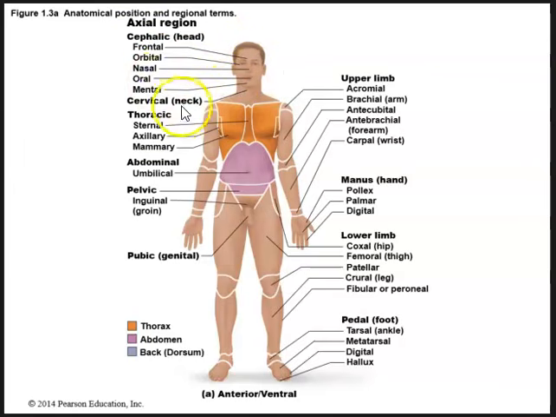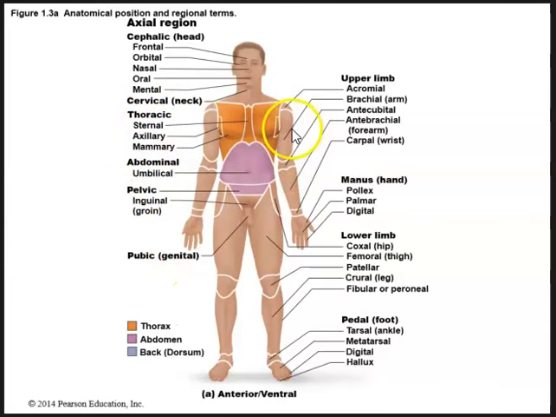We have oral where the mouth is, mental, and that is the lower part of the jaw or the mandible. And then the cervical region describes the region of the neck. And then within the trunk, we have the thoracic, abdominal, and pelvic regions.